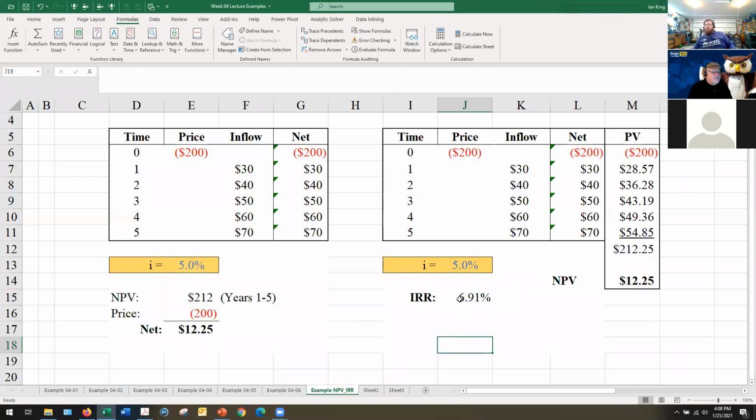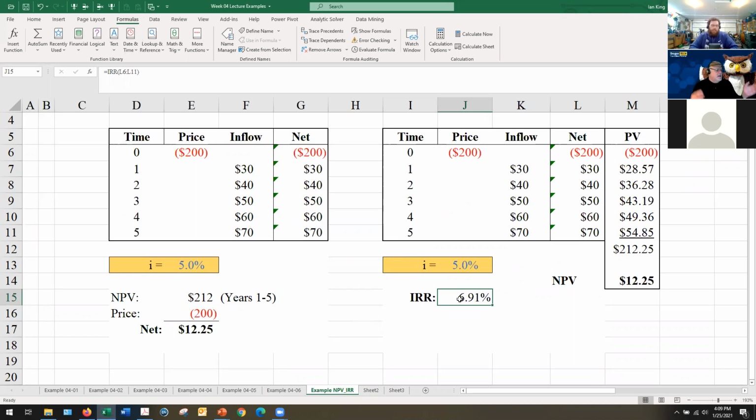Now again, 6.9% philosophically is trying to give you a rate of return that you can equate to something. One of the things that people often use, and I think this is a very tricky statistic, but it's hugely popular because it's so easy to derive in spreadsheets. People often say, okay, I can put my money in the bank and earn 10% interest, or buy a bond and pay 10% interest, or I can invest in this piece of equipment where I get only 6.9%.